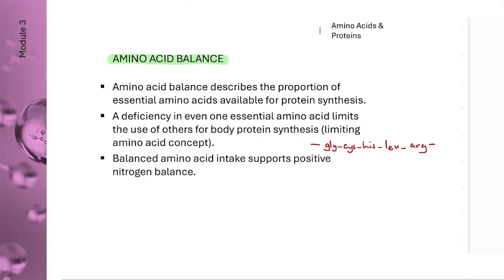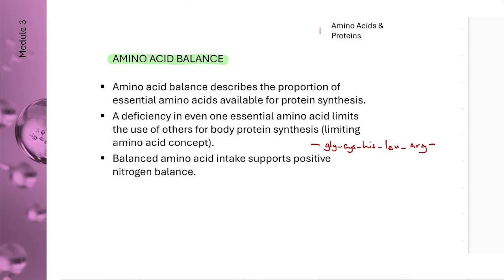If the body lacks an essential amino acid, the body will not be able to make that protein. So it will truncate automatically. Imagine this is the protein that needs to be produced. Which of this sequence is an essential amino acid?